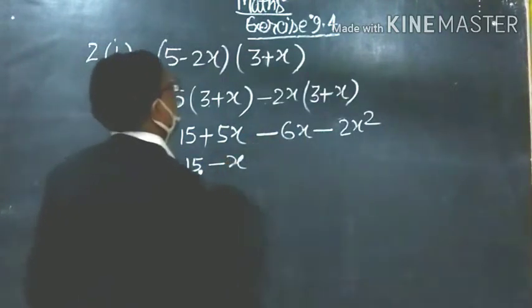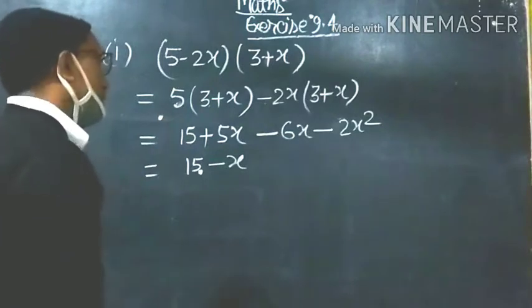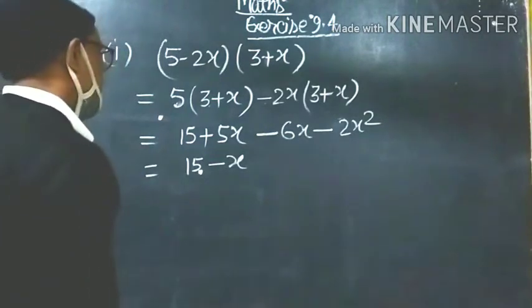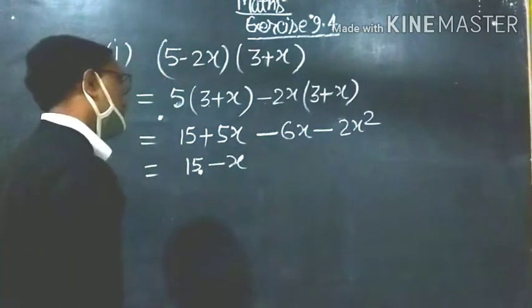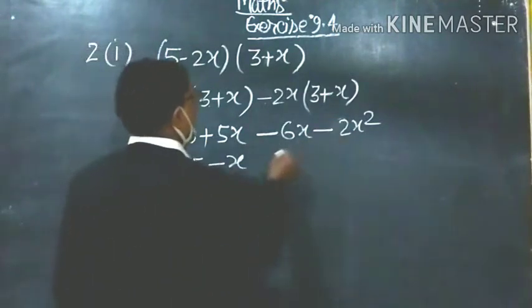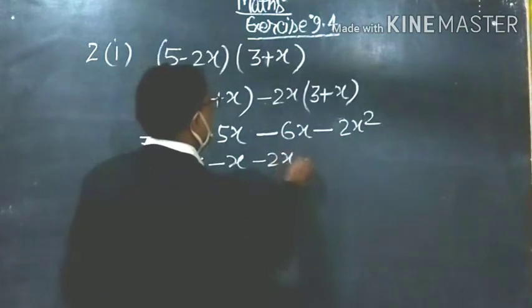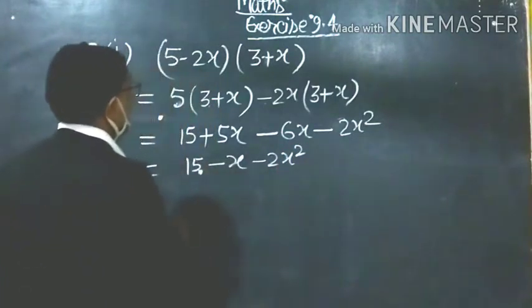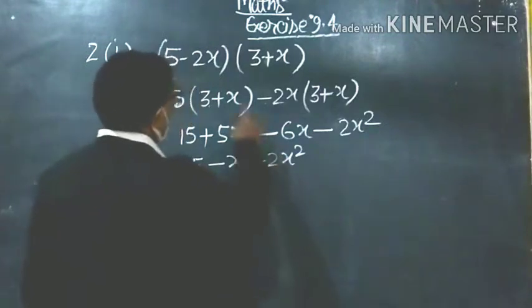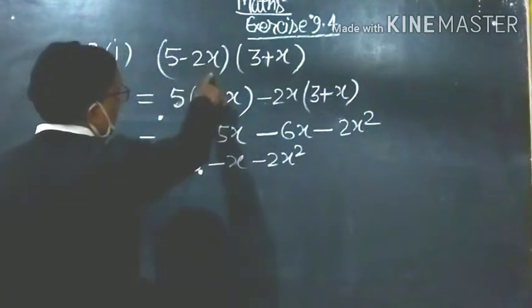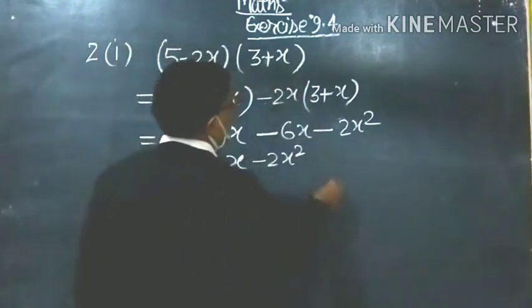Means minus x. You always write the greater sign when you subtract any two terms. And you write here minus 2x square. This is your answer. 15 minus x minus 2x square is the product of 5 minus 2x into 3 plus x.